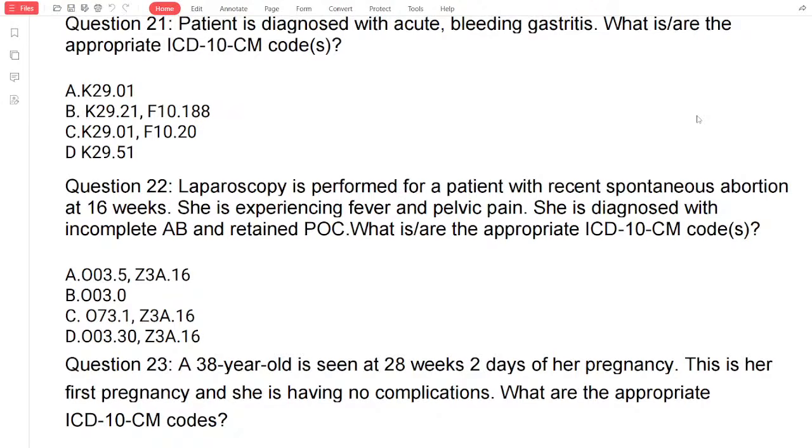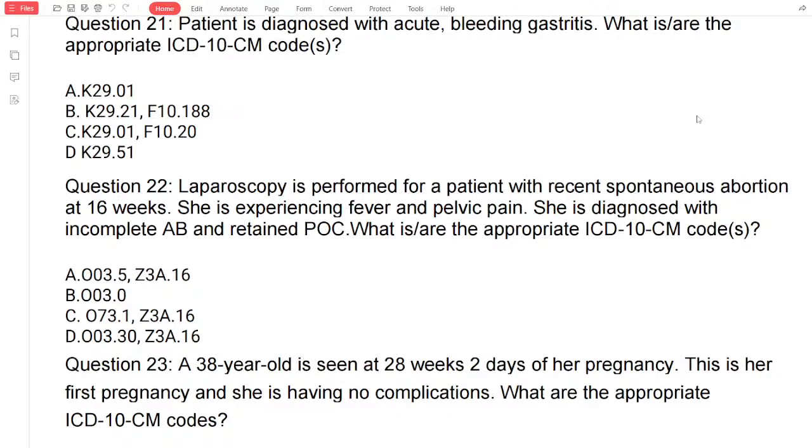Any doubts, guys? In this question, weeks of gestation should be reported only for those who are pregnant. Here it says the abortion happened recently, because it is a recent spontaneous abortion. So there is no need to report the weeks of gestation, and treatment is provided for the complication.